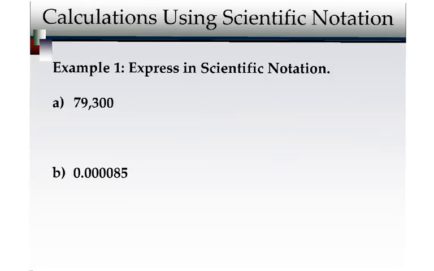This is asking us to express in scientific notation. So let's just get down to it. This is how I'm going to show you how to do it. The decimal point in a number like this is always at the end. And we're going to move that decimal point over so many decimal places. I just counted 4 decimal places there.